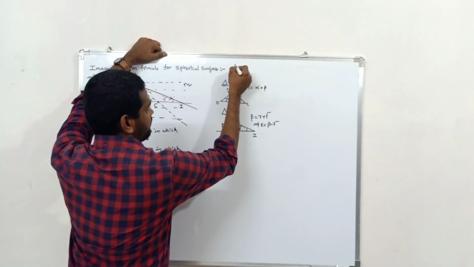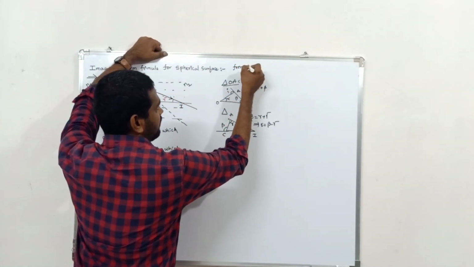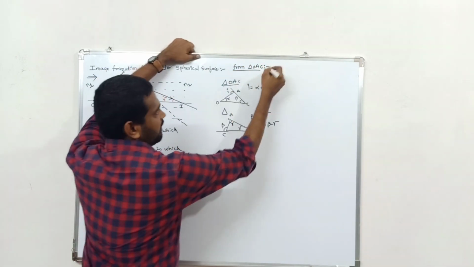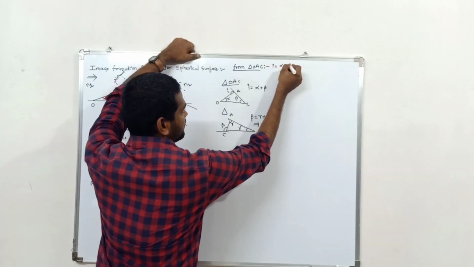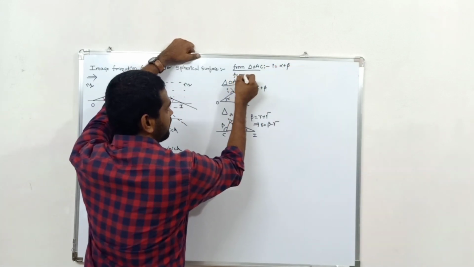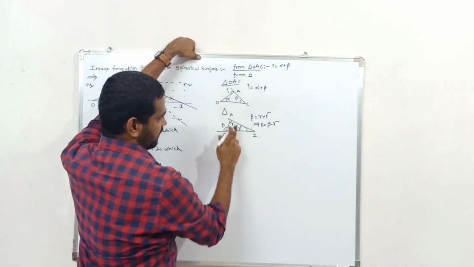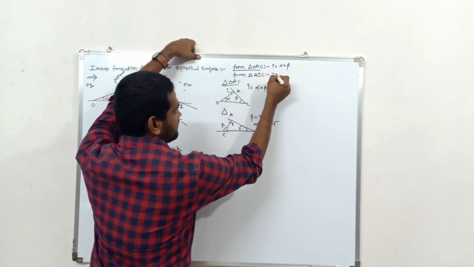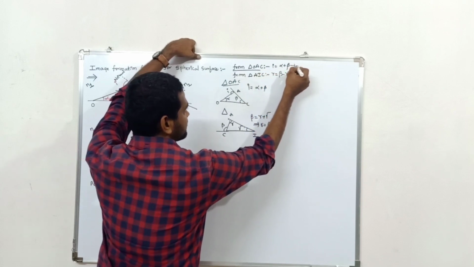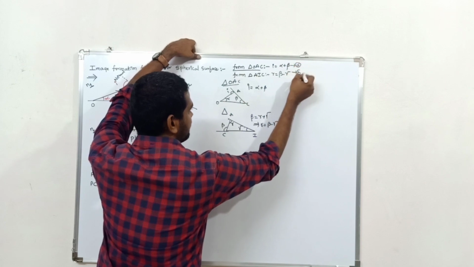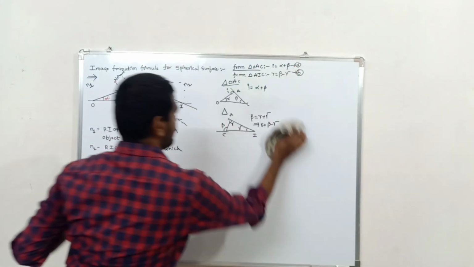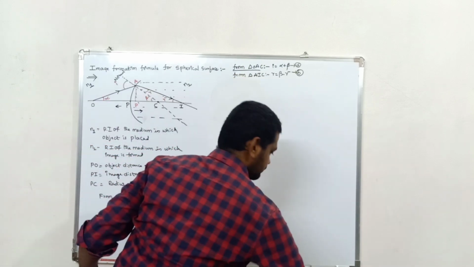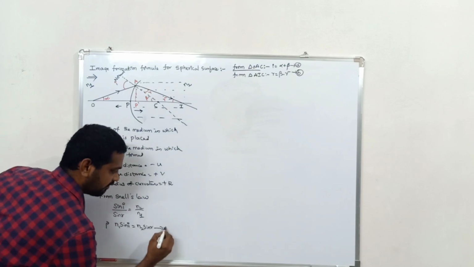So I am rubbing the diagram. From triangle AOC, what did you get? i is equal to alpha plus beta. In the similar way, from triangle AIC, you got r is equal to beta minus gamma. Let us consider these two equations as A and B, and let us consider the earlier equation as 1.